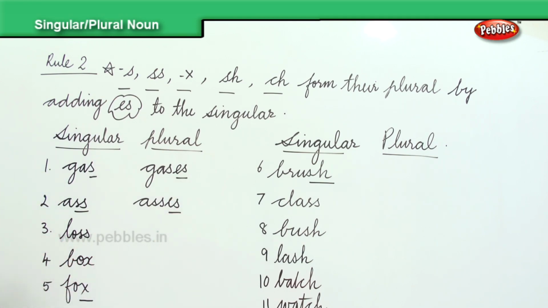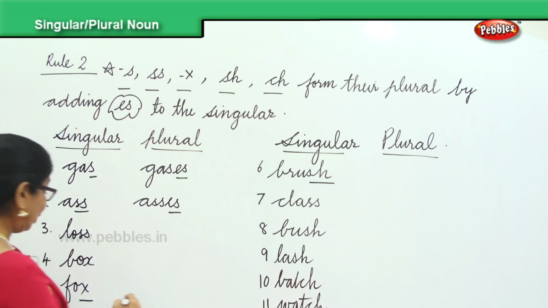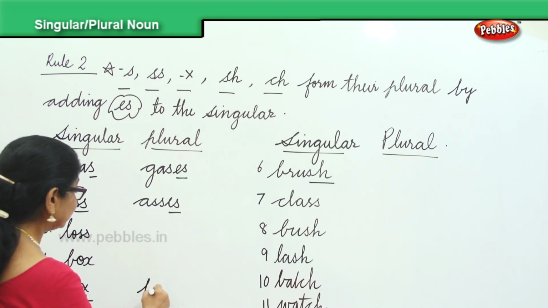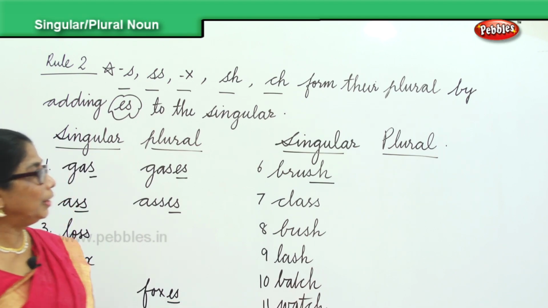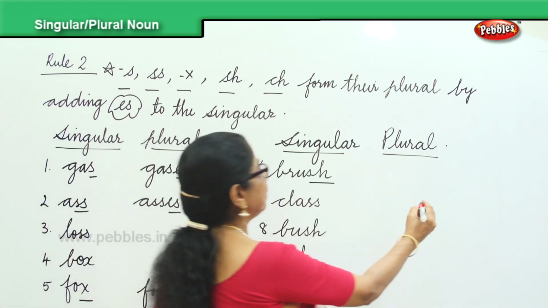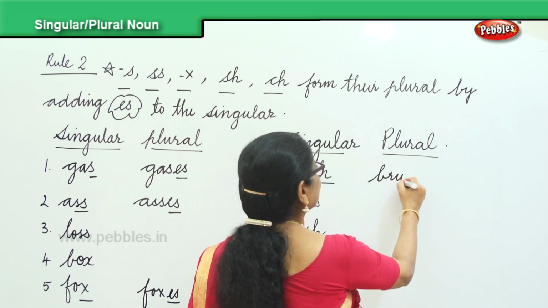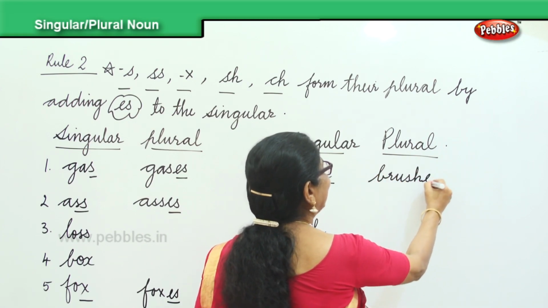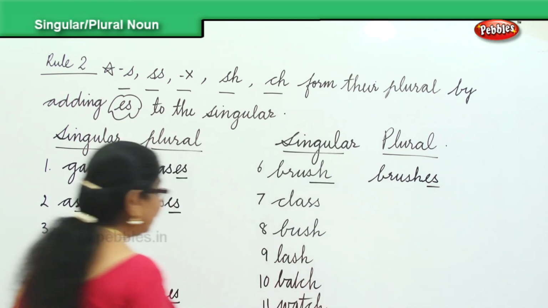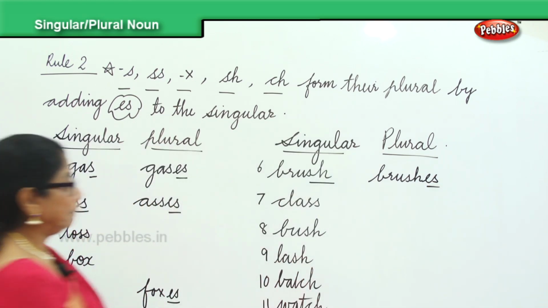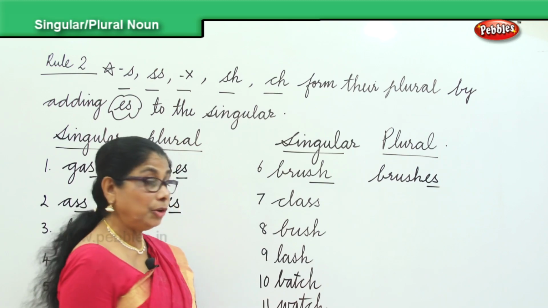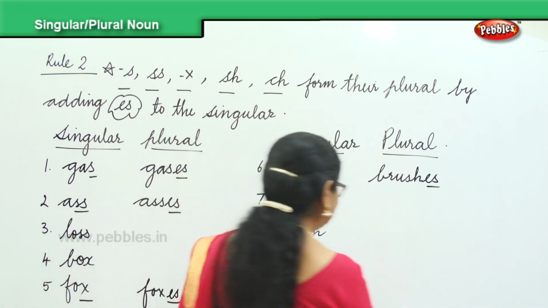What is the other one we spoke about? X. You have fox, number of fox, you will say foxes. You added es. Then you have brush, paintbrush, brushes, sh, and you add es. Then batch. Then you have watch. So, let us take the watch.